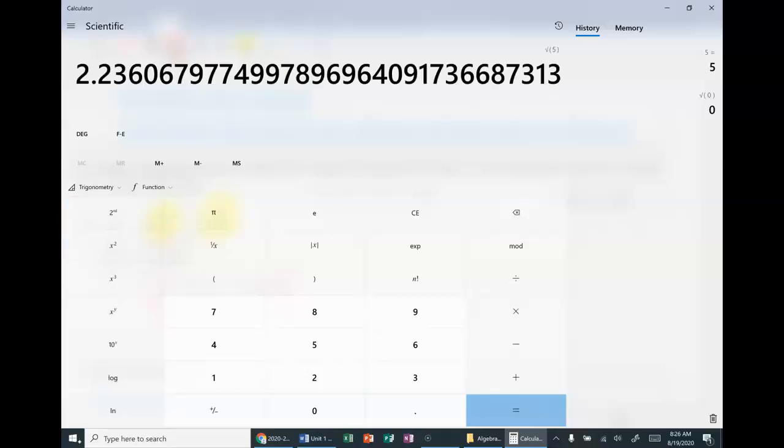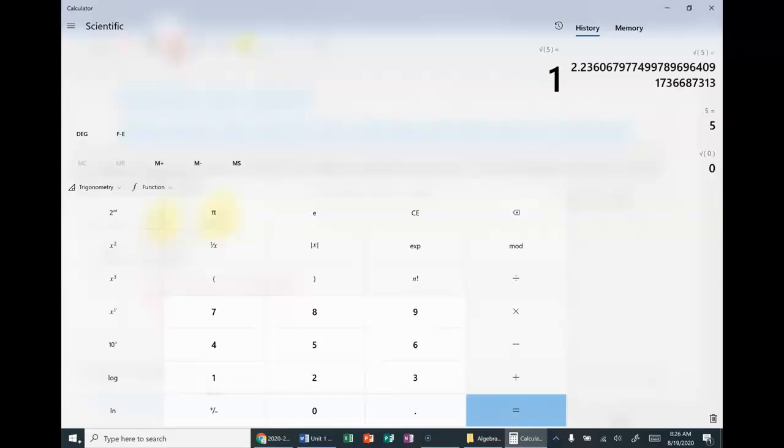So on my calculator, to use the square root button, I have to enter the number and then the square root function. So now I can enter 13 plus, because I want to do 5 times square root of 5, parentheses 5 times.